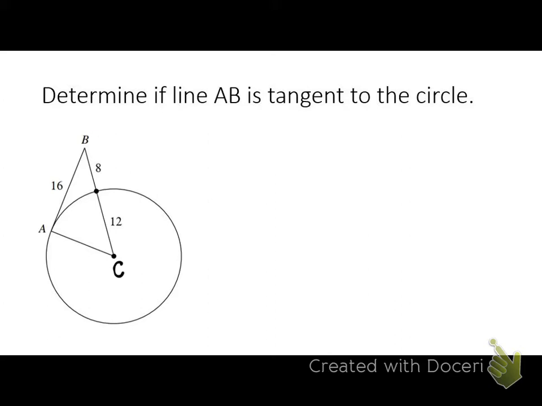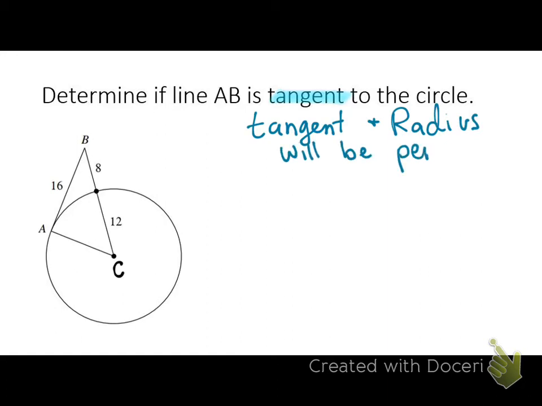So if it is tangent, what will a tangent line be? It'll have a relationship with a radius. What will the tangent and the radius be? They'll be perpendicular. So in order for it to be tangent, the tangent line and the radius will be perpendicular. So we're trying to see if AB is a tangent line.